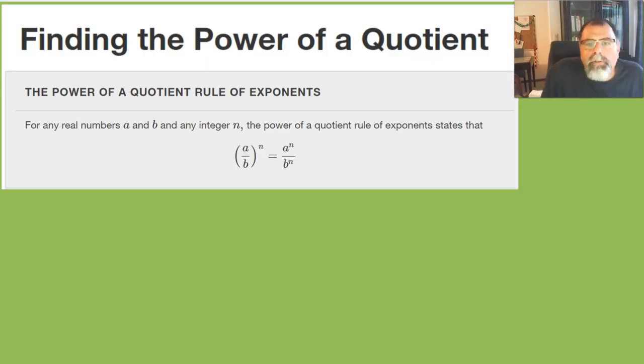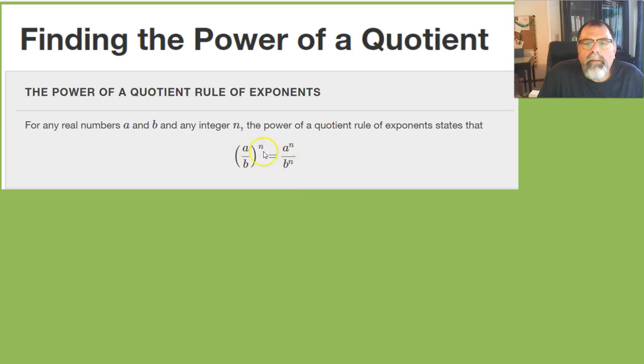The power of a quotient rule of exponents: for any real numbers a and b and any integer n, the power of a quotient rule states that a divided by b, so that's your quotient, a divided by b raised to the power n is a to the n over b to the n.